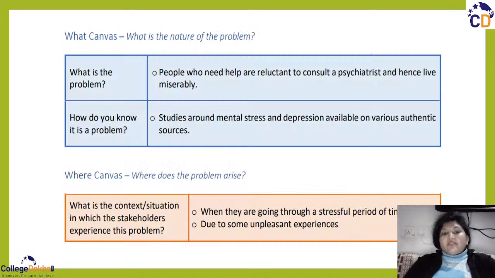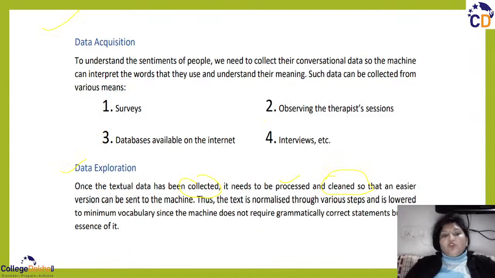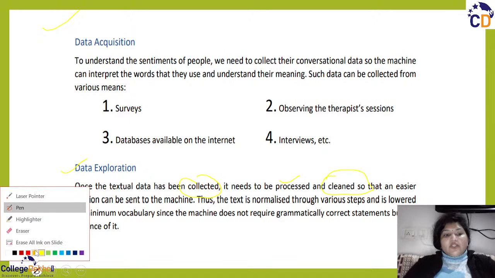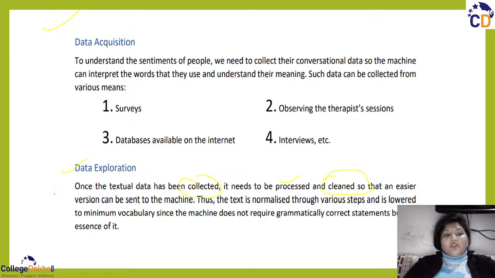So this is the very, very important step where we talk about the data exploration part, because exploration is where you are actually focusing on what is to be done, right? What data you have collected, if it is irrelevant, obviously the output, because you have heard about GIGO.